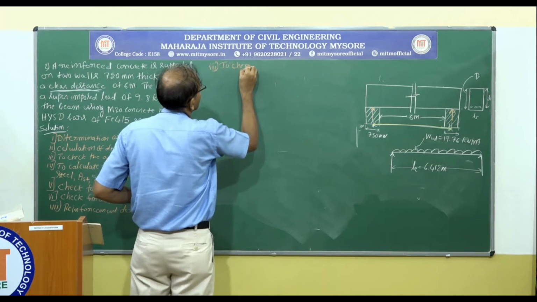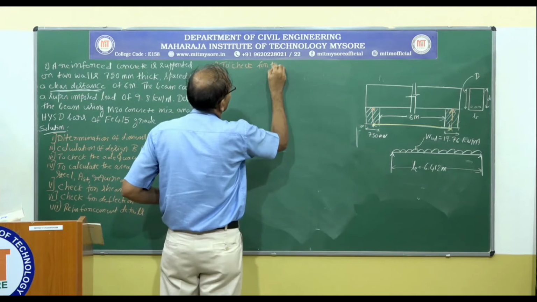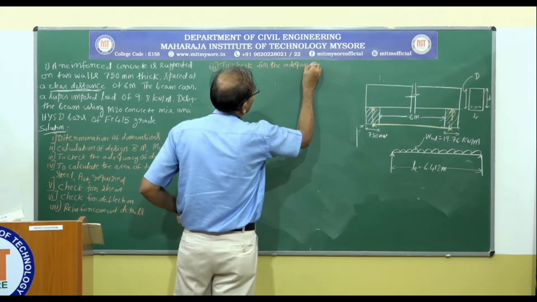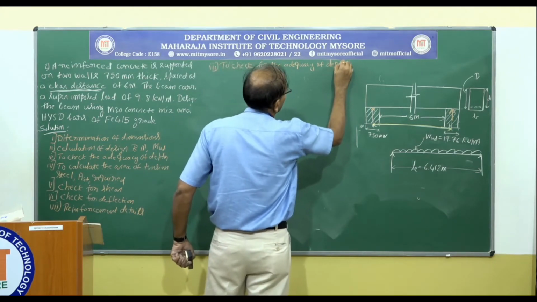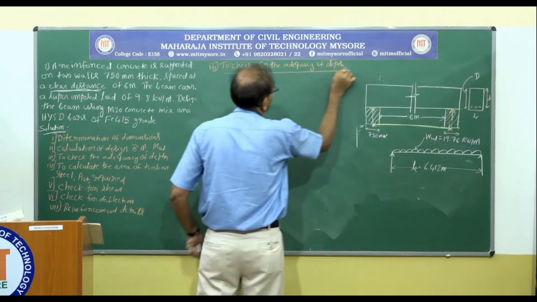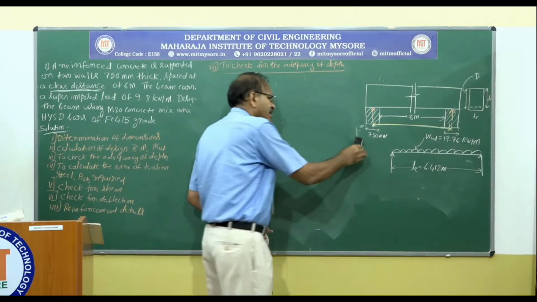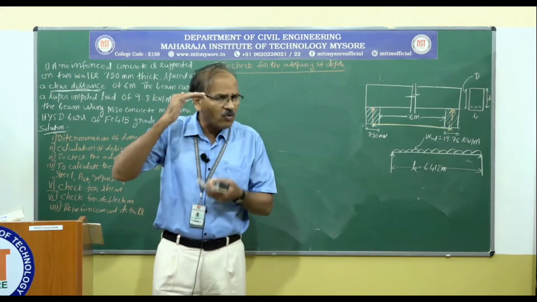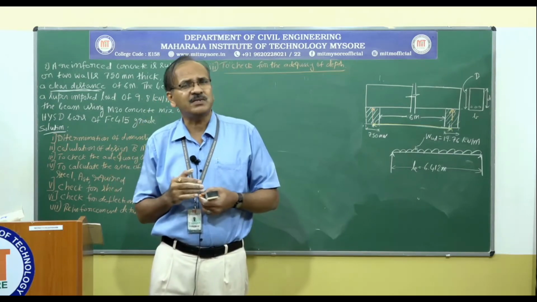To check for the adequacy of depth. What it means? See, by using thumb rules, we arrived at the overall depth of the beam as 450 millimeter.